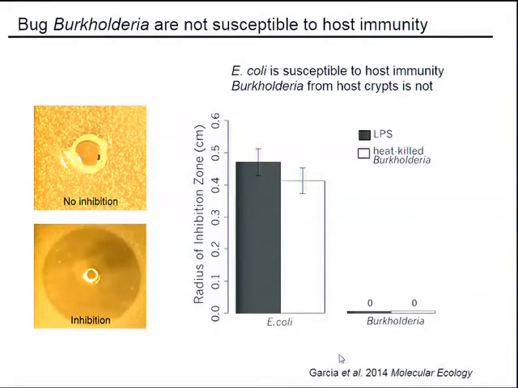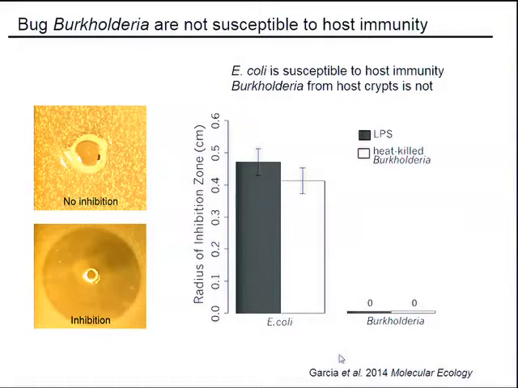So the first experiment I did was using LPS derived from E. coli and also LPS derived from the symbiotic Burkholderia that was heat killed. And this graph is showing the radius of an inhibition zone. So these large bars that you see against E. coli suggest that there are immune factors in the insect blood that cleared the E. coli very strongly.